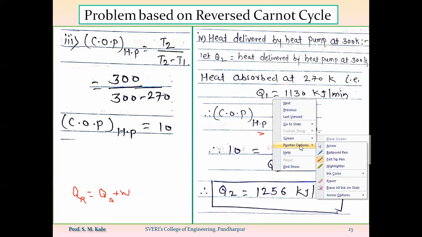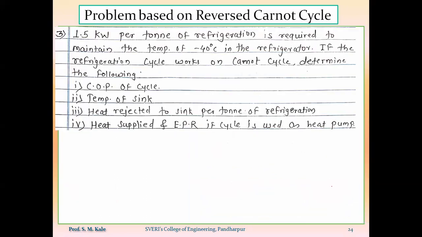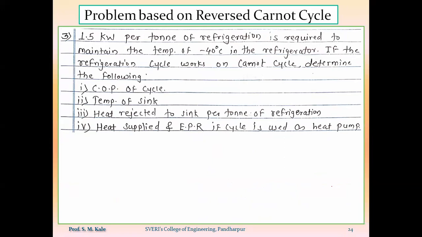Now we'll solve the last problem by using the reverse Carnot cycle. Third problem: 1.5 kilowatt per ton of refrigeration is required to maintain the temperature of minus 40 degrees centigrade in the refrigerator.